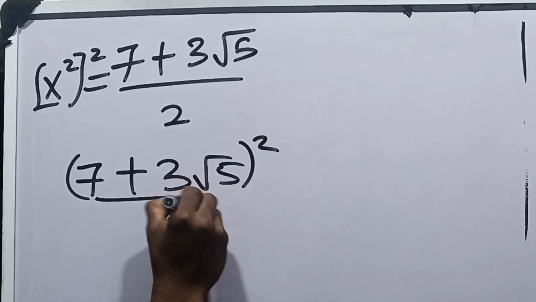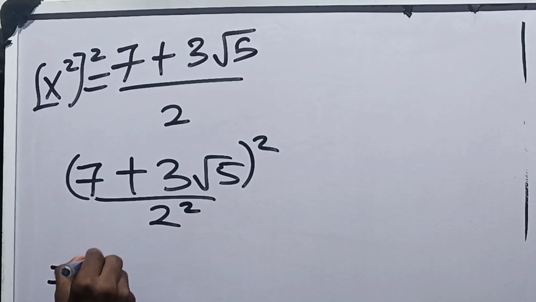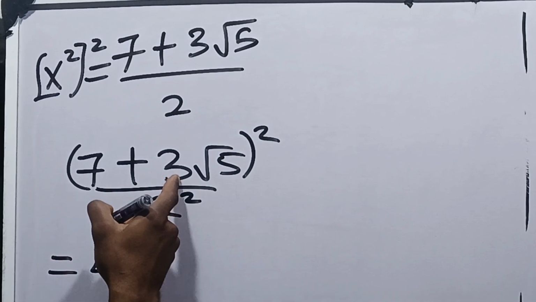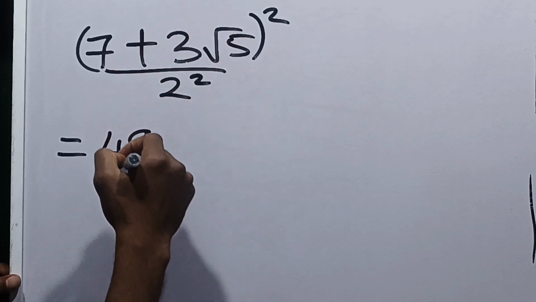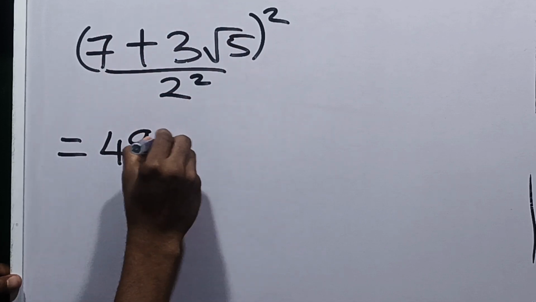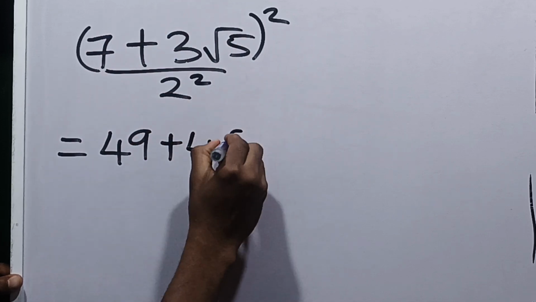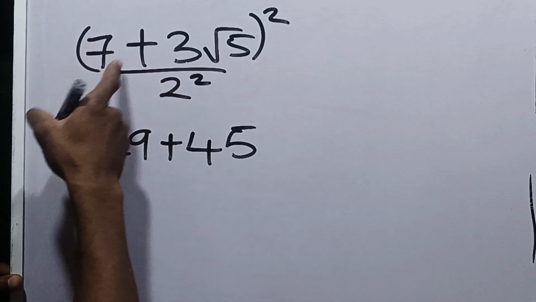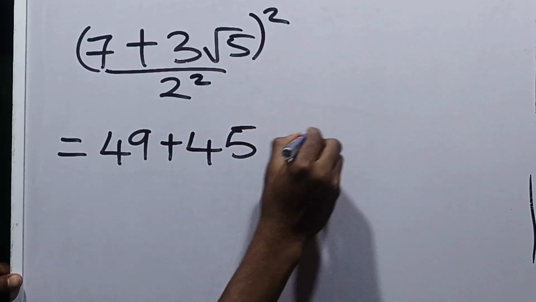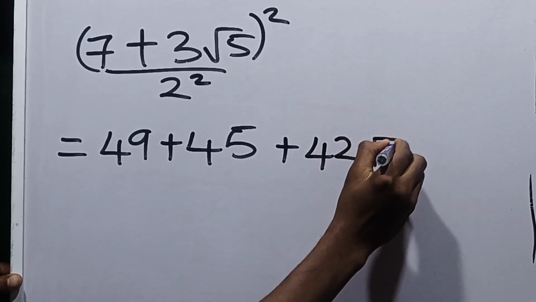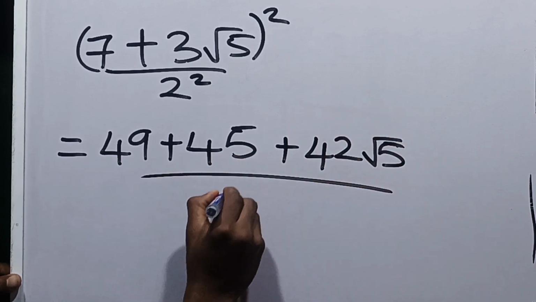Now this is equal to 7 squared is 49, 3 squared is 9, root of 5 squared is 5, 9 times 5 is 45. 7 times 3 is 21, times 2 is 42, so this is plus 42 root 5, divided by 4.